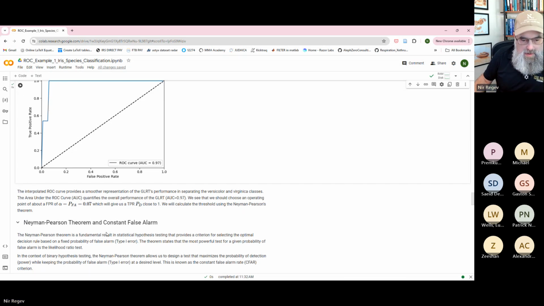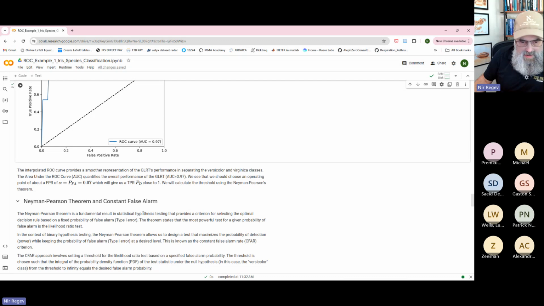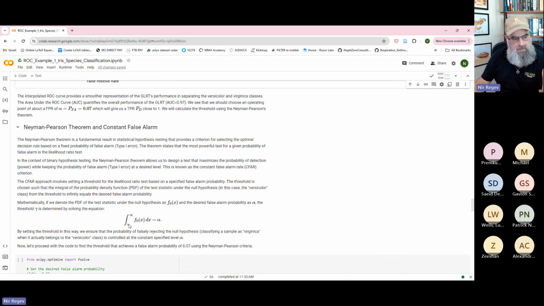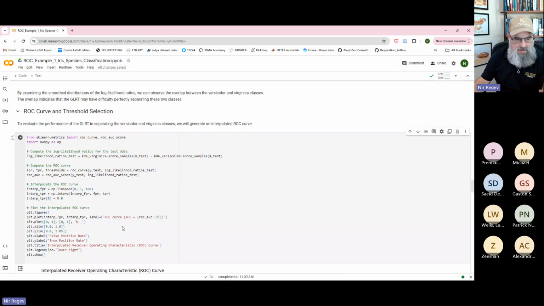Okay, and we can calculate the threshold using the Neyman-Pearson theorem. Now, this method is also a bonus for this lecture, and it is the following. Let's go back to this graph.